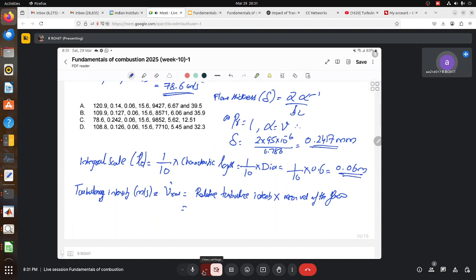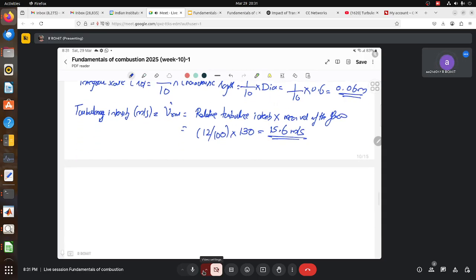So that is 12 by 100 times 130, which is 15.6 meter per second.